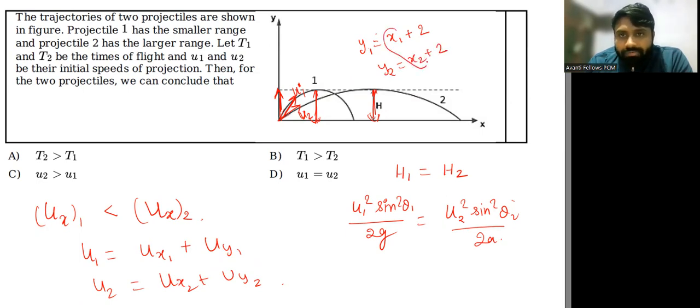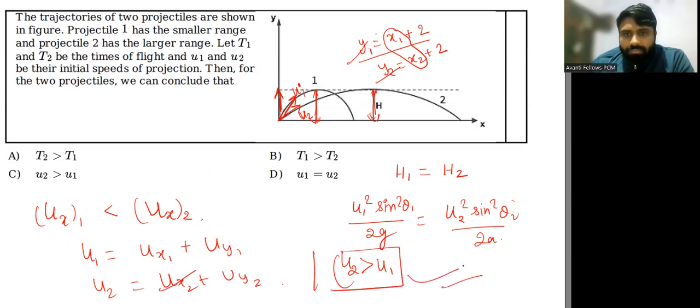Now it will depend on the values of x1 and x2 which expression is greater. So if x1 is greater, y1 will be greater. If x2 is greater, then y2 will be greater. Now in this expression, ux2 is greater than ux1. So we can say that u2 is greater than u1. Option C is the correct option. U1 is not equal to U2. Time of flight is also not equal.